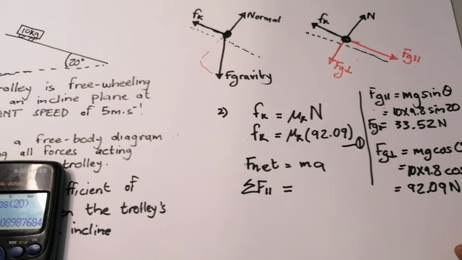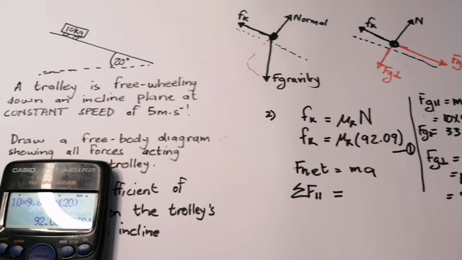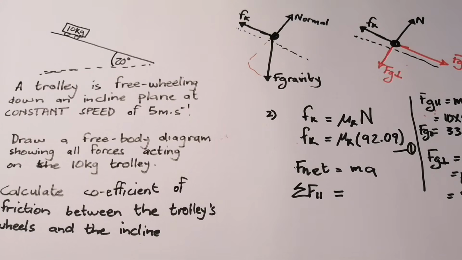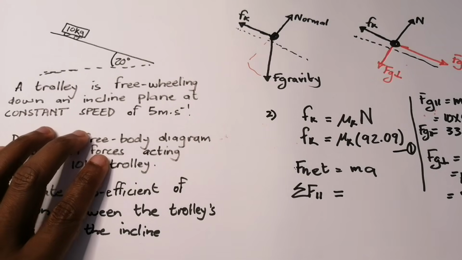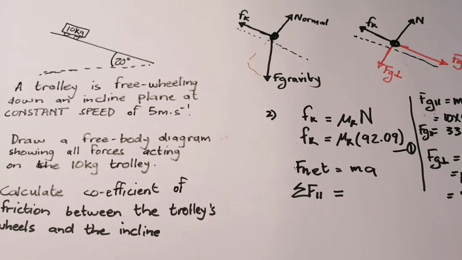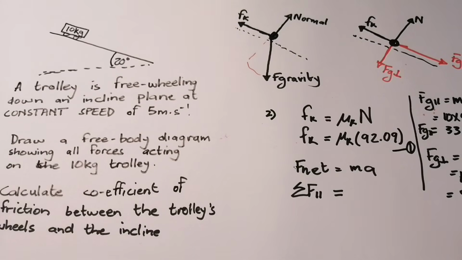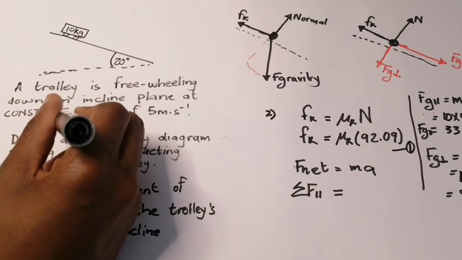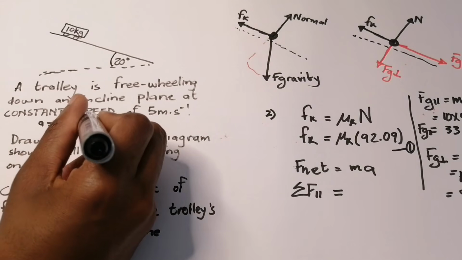Remember, they said to us it is moving at a constant speed. Ladies and gents, please remember this. As soon as they say something is moving at a constant speed, it doesn't matter even if the value of the speed is given, when it comes to Newton's laws, as soon as they say constant speed, that simply tells us that acceleration is equal to 0 meters per second squared.